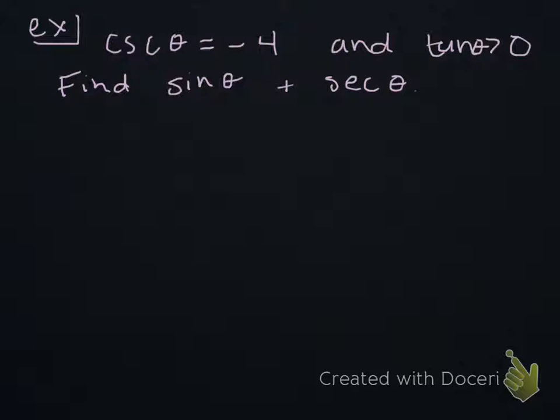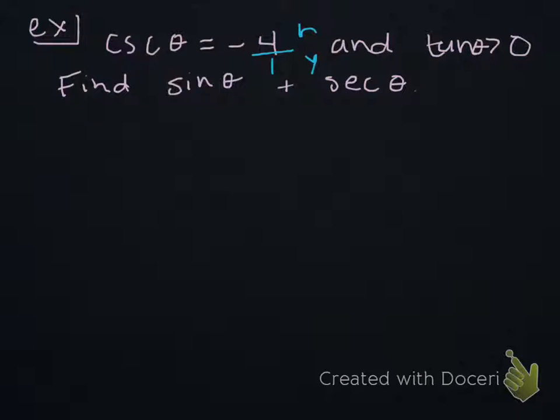Going to the problem, you see this -4, and we know that this is technically a -4 over a 1. What we don't know is which one of these 2 values is the positive versus the negative. We know sine is y over r, so cosecant is r over y. And remember that r stands for a distance. It represents the radius.